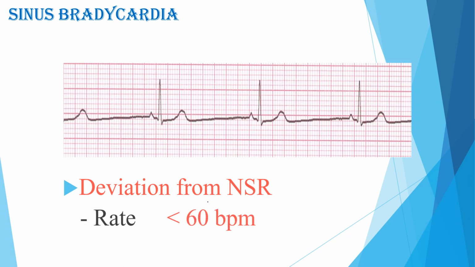Here the rate is less than 60 beats per minute. Even in the ECG graph you can understand this while calculating the heart rate from ECG paper, that is 300 divided by the number of large squares, that is 1, 2, 3, 4, 5, 6, 7, 8, 9. 300 divided by 9 is almost 35.